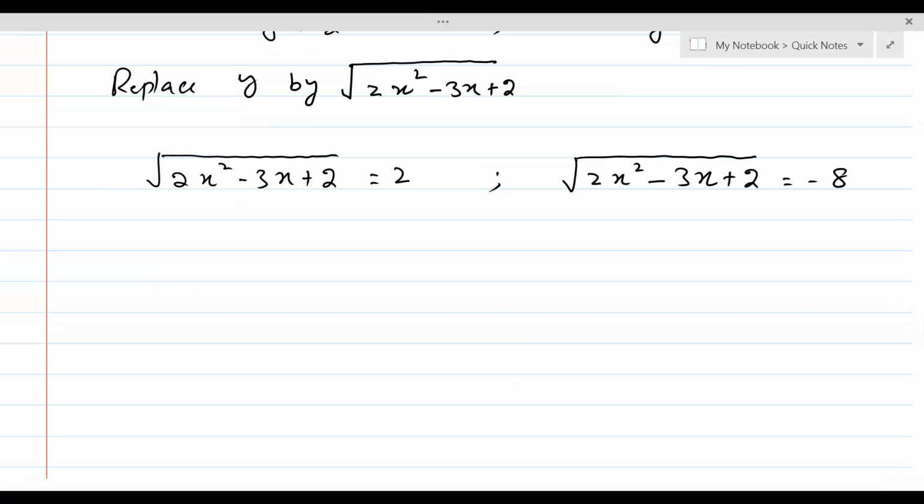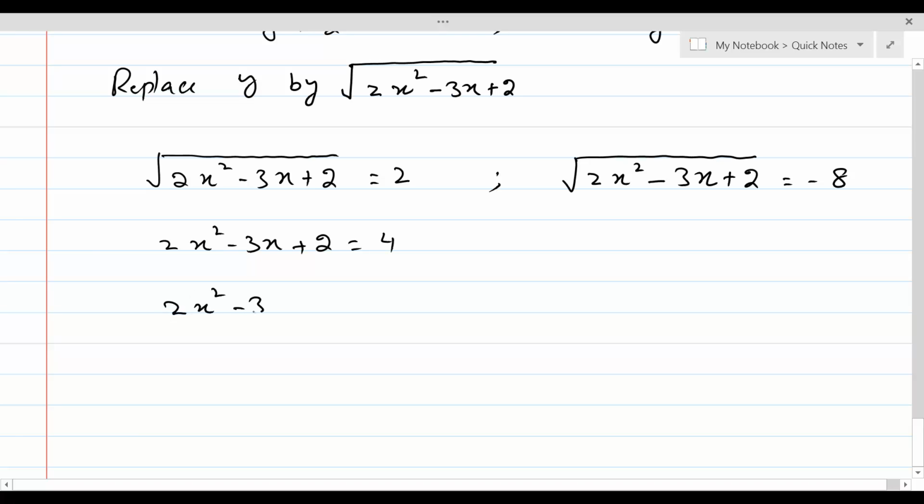From this, if we take square, this will give us 2x square minus 3x plus 2 equal to 4, means 2x square minus 3x minus 2 is equal to 0.